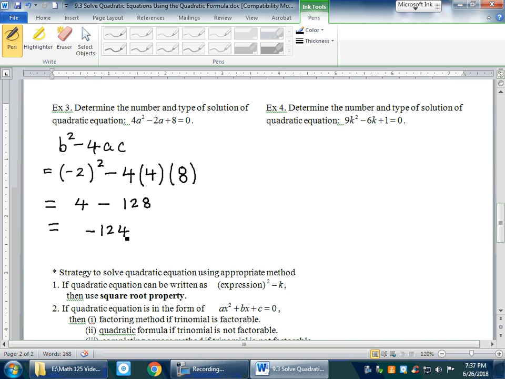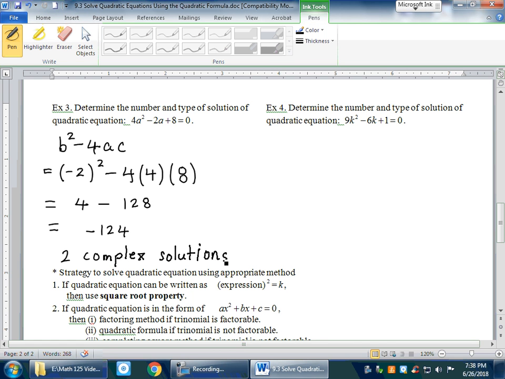So that tells me this equation, before I even solve it, will have two complex solutions. So this is basically using the discriminant to figure out the number and the type of solution. So pause it and try the next example, see what you get.